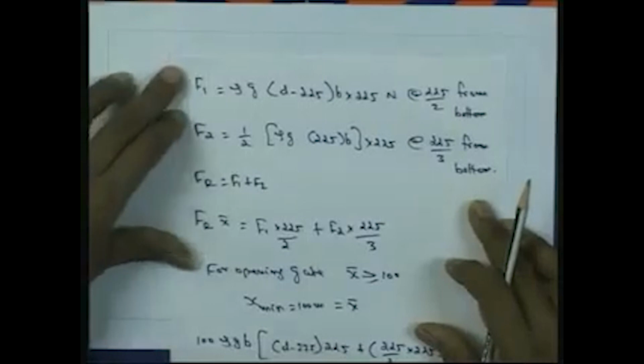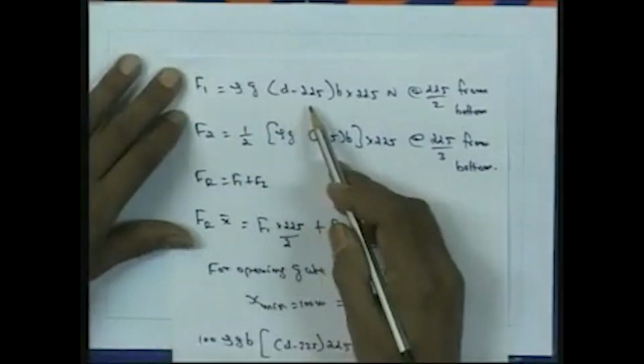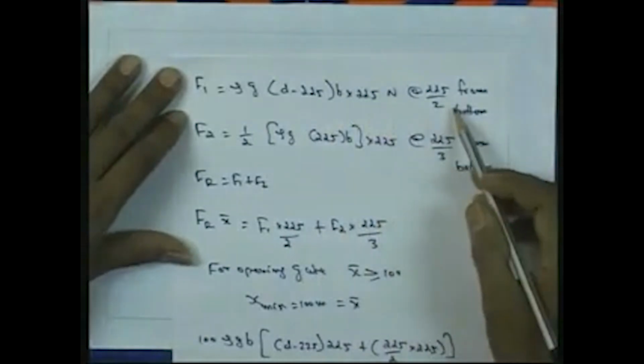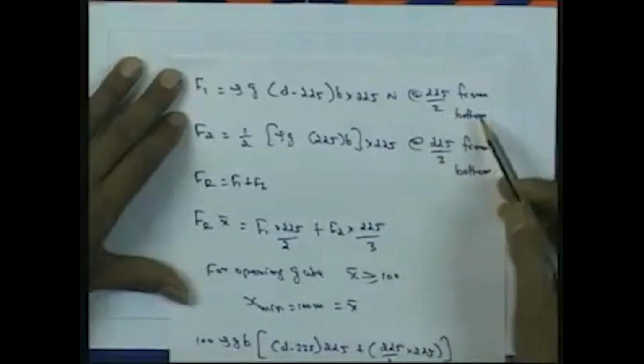So we can solve this problem by calculating the force F1. F1 is equal to rho into g into (d minus 225) into b into 225 Newton, acting at 225 by 2 from the bottom.